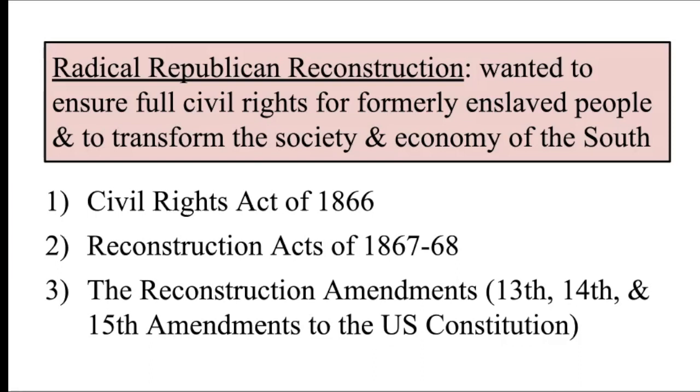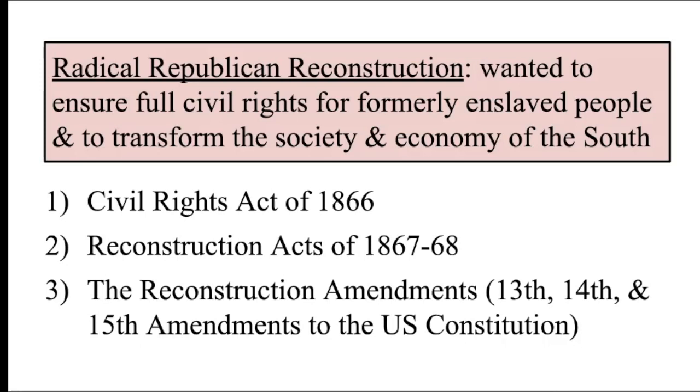Of the three Reconstruction plans, Radical Republican, Lincoln, and Johnson, that of the Radical Republicans had the least success. That said, congressional Republicans, remember we're talking about the 1860s Republican Party, not the current one, did manage to push through laws that at least mitigated or tried to mitigate Reconstruction plans that ignored the rights of Black Americans.